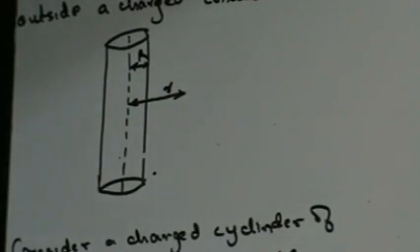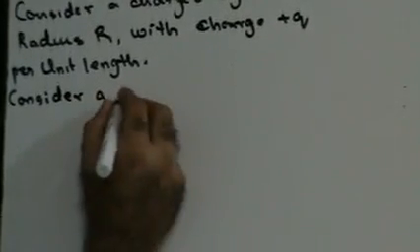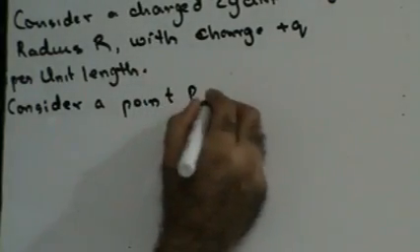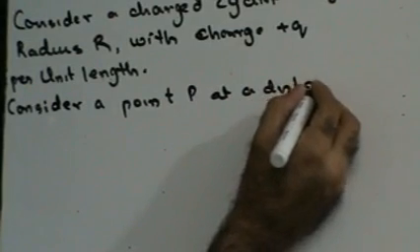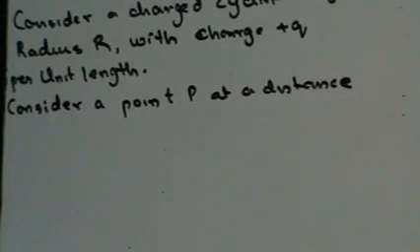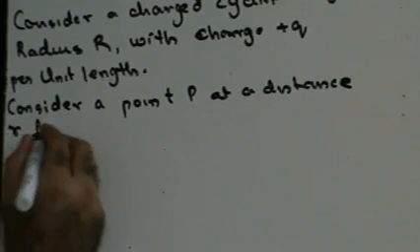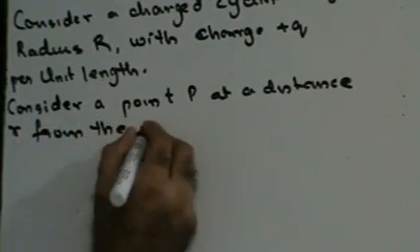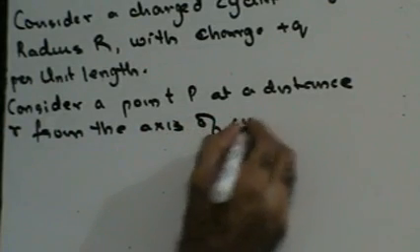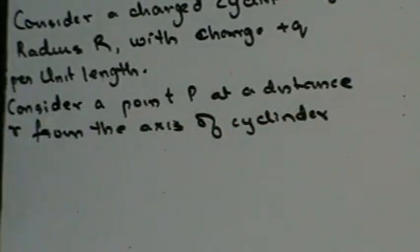I want to find out how much is going to be the electric force at this point P. So consider a point P at a distance of r from the axis of the cylinder.